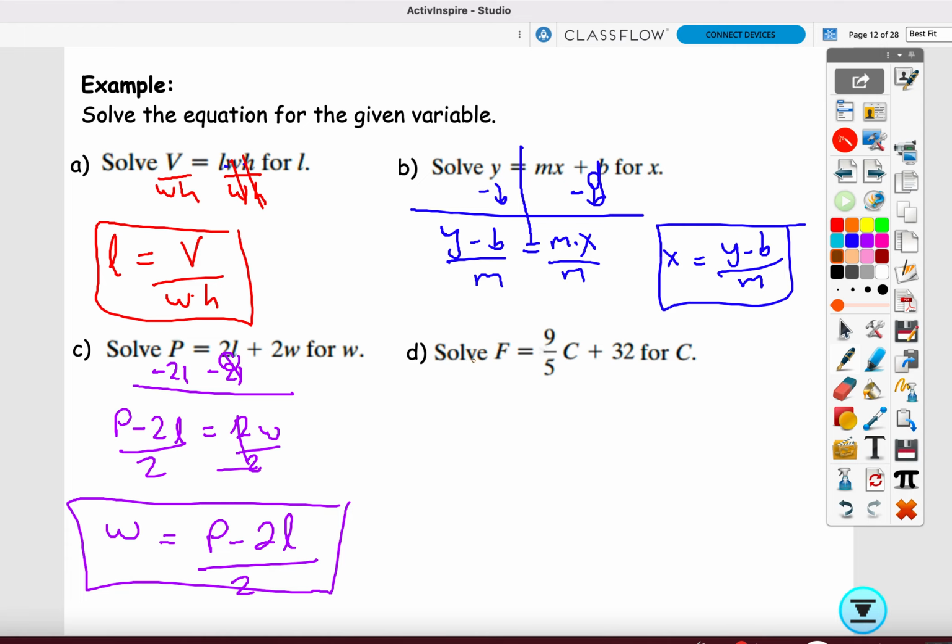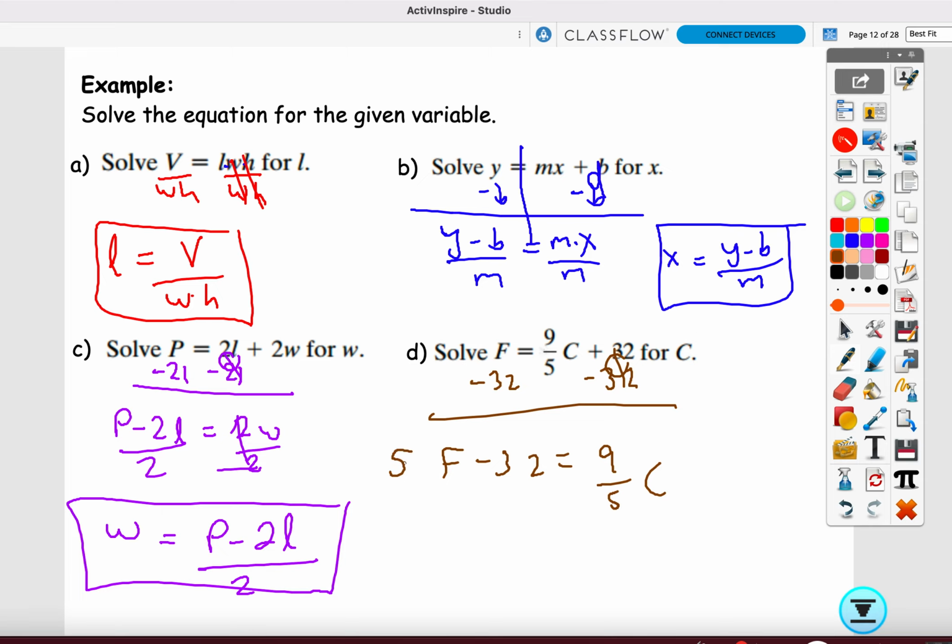Alright, let's look at D. We have solve F equals 9 over 5 C plus 32 for C. So we're going to subtract 32 on both sides. Then we get F minus 32 equals 9 over 5 C. Then we're going to multiply both sides by 5, right? Because we're dividing by 5, we want to get the LCD, get the fraction out.